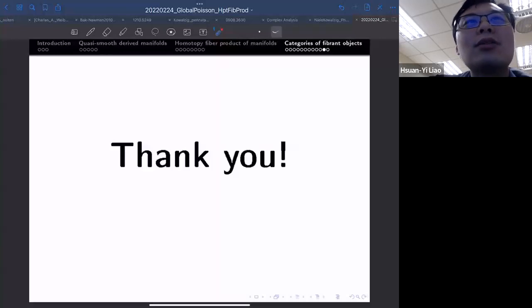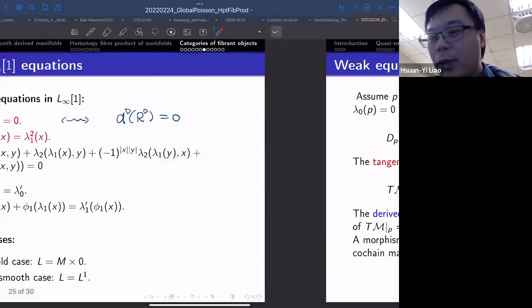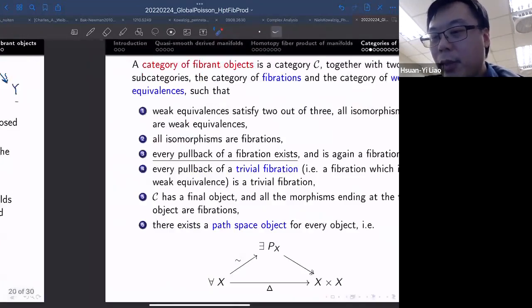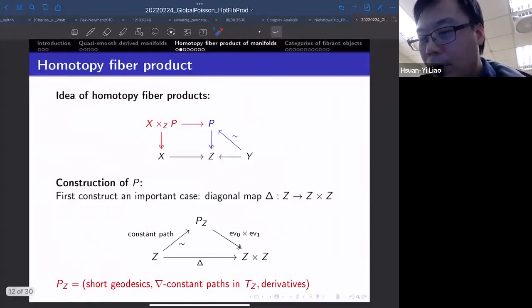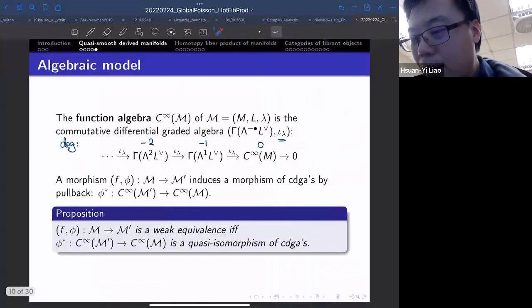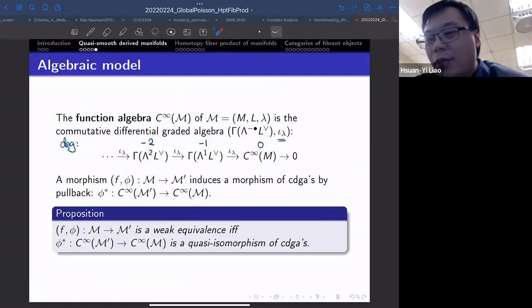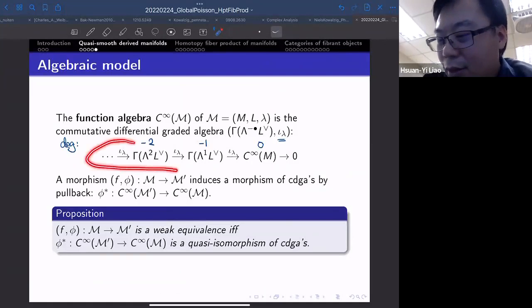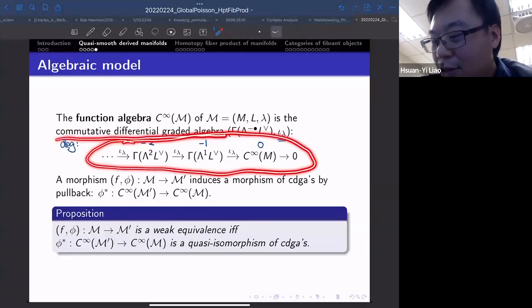The second question: how do I define geometric structure on a derived manifold, for example, symplectic structures? This derived manifold can actually be considered as a DG manifold. So in principle, I can just use the construction of DG manifolds. Here, the function algebra, I have a CDGA. This is my CDGA.